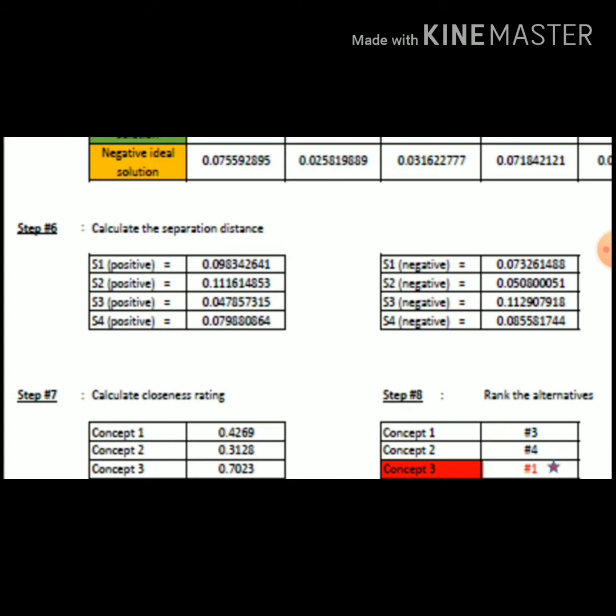From here you can see that concept number 3 possesses the lowest value for the positive ideal solution, meaning it is very close to the positive solution, and on the negative separation distance it has the highest value, which shows that it is far away from the negative ideal solution. So in step number 6 you can already imagine that concept number 3 will possess the first rank.